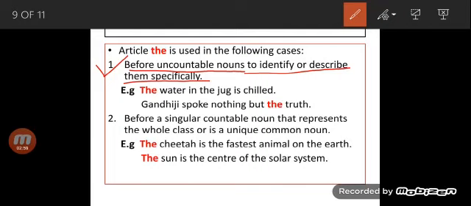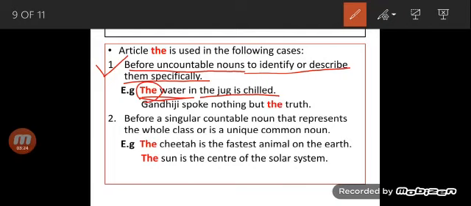For example, the water in the jug is chilled. To describe the water which is in the jug, we used the. Water is an uncountable noun. Before an uncountable noun we used the article the.